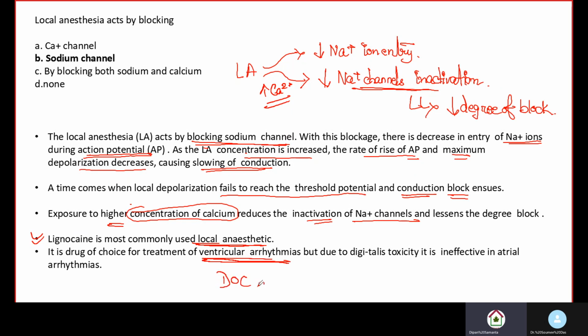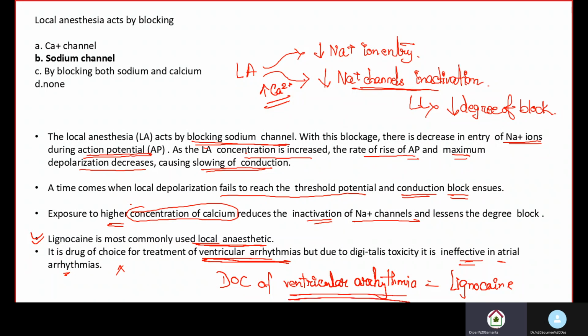Even this is a question. The answer is lignocaine. But due to digitalis toxicity it is ineffective in atrial arrhythmia, only in ventricular arrhythmia. Okay, next question.